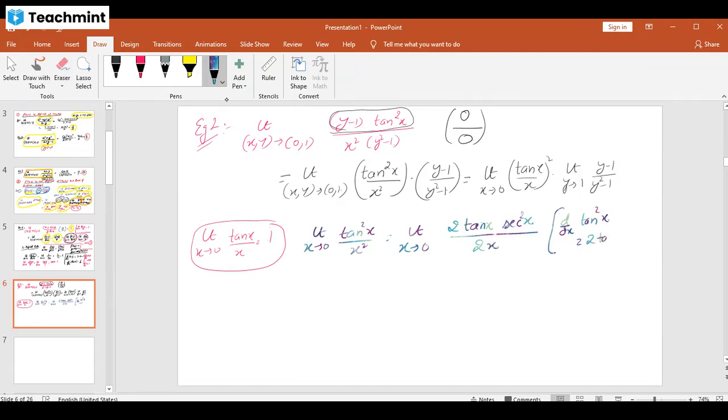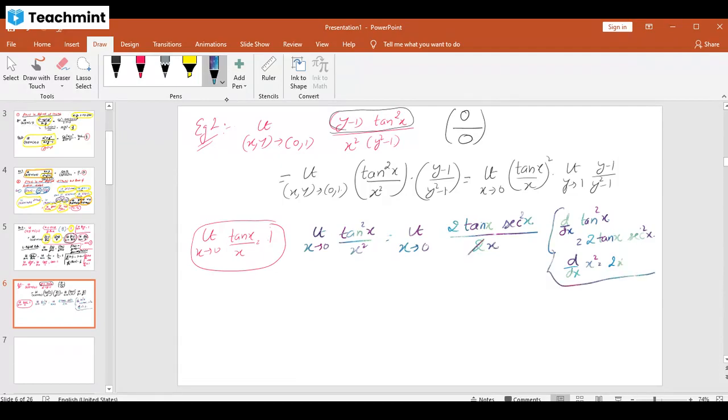So we use the concept of derivative of a composition of a function. So we get the derivative of tan square x as 2 times tan x, and derivative of tan x is secant square x. And the other function is x square, so derivative of x square is 2x. Okay. So this is the first step.